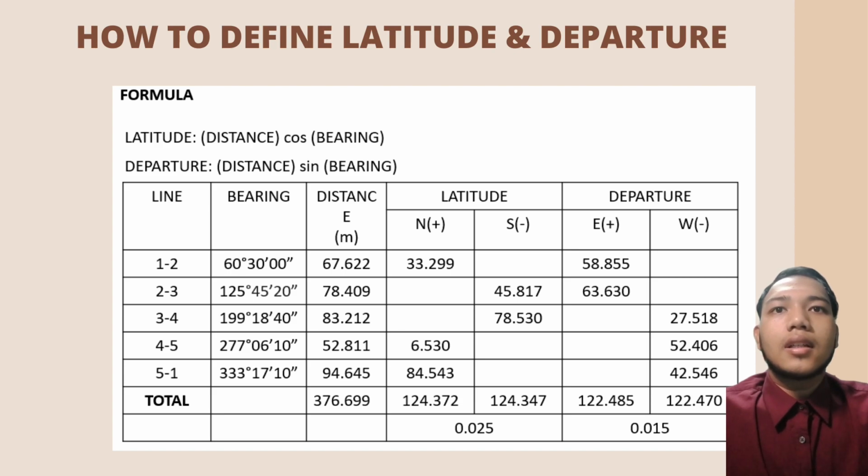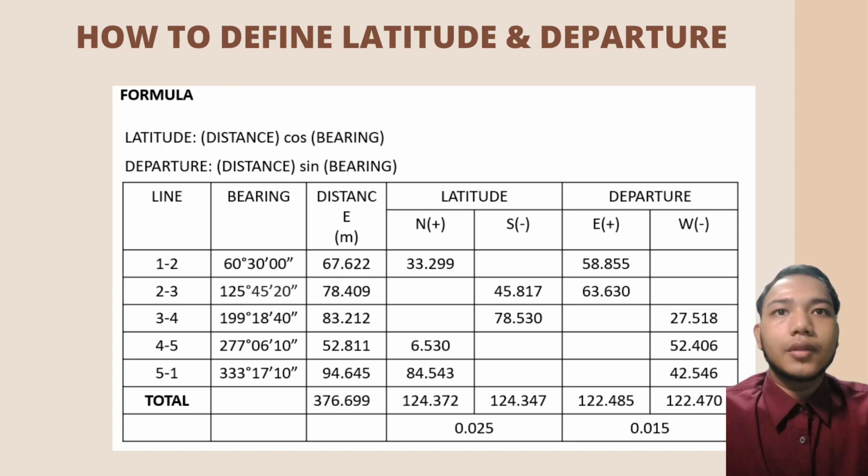Okay, and for the others we also use the same formula. We use latitude equals distance cos bearing, while departure equals distance sin bearing. And we calculate until we get all the totals.